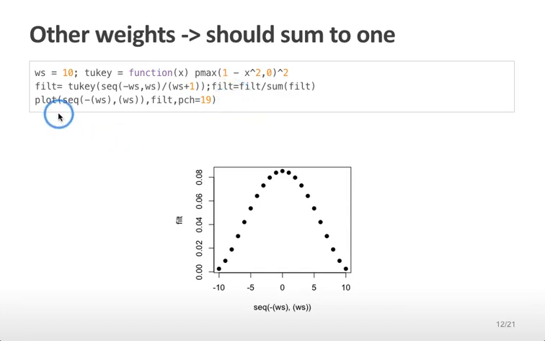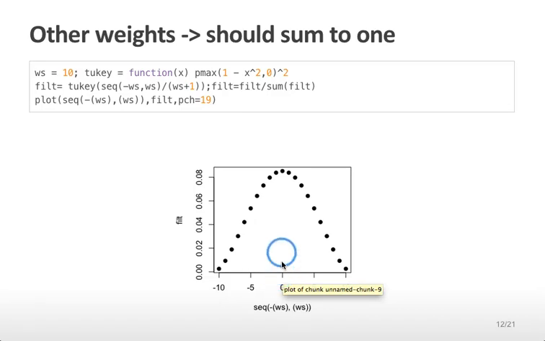So if we plot our function, we can plot the sequence from minus ws to ws, and then we can plot the weight function. What we see is the weight function is always positive, and it runs from 0 to about 0.08, and points near the center get higher weights, and points farther out from the center get lower weights. So what we would do is we would apply this function and multiply it. Suppose we started at time point 0.